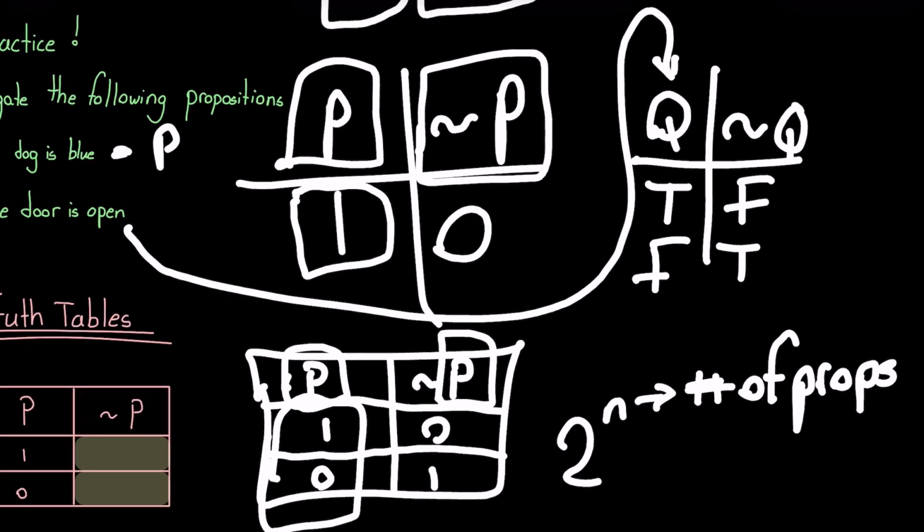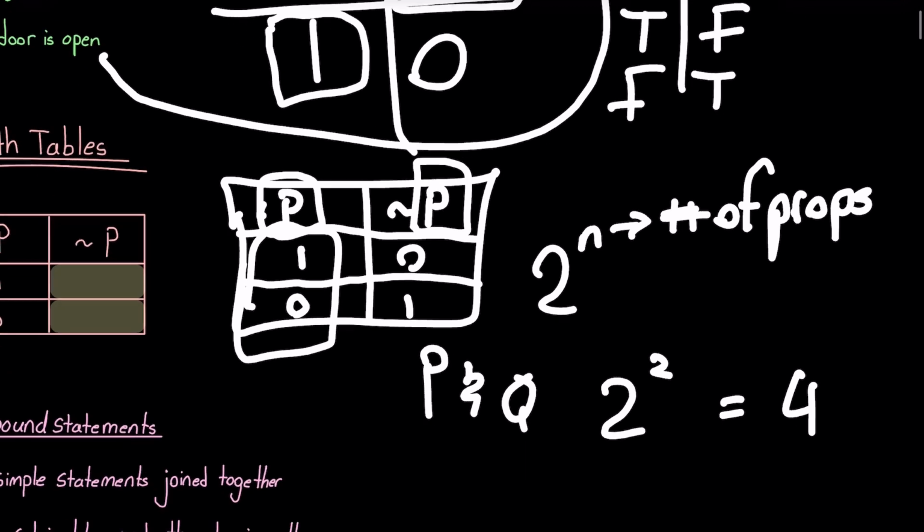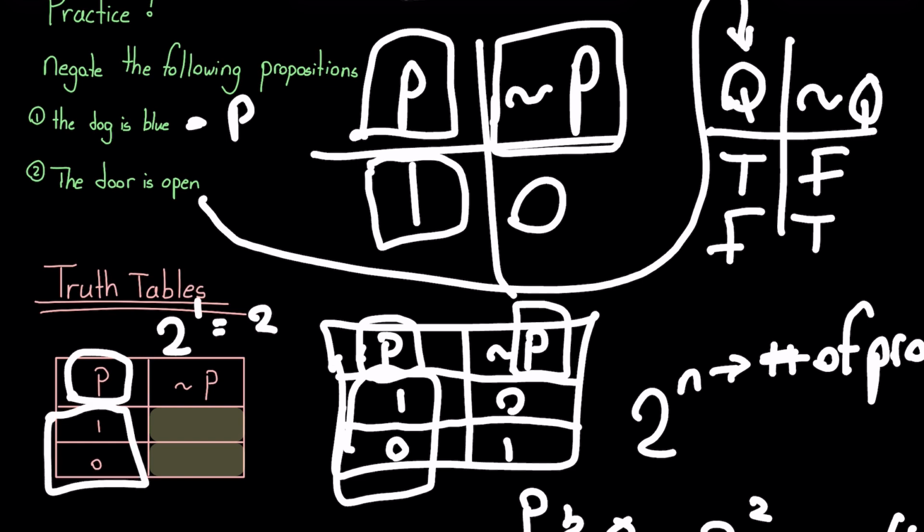So if we had P and Q, then we would have 2 to the power of 2, which means we would have 4 rows. But in this situation, since we only have P, which is the only proposition, we just have 2 to the power of 1, which is equal to 2, hence why we have 2 rows. Hopefully you're understanding so far.